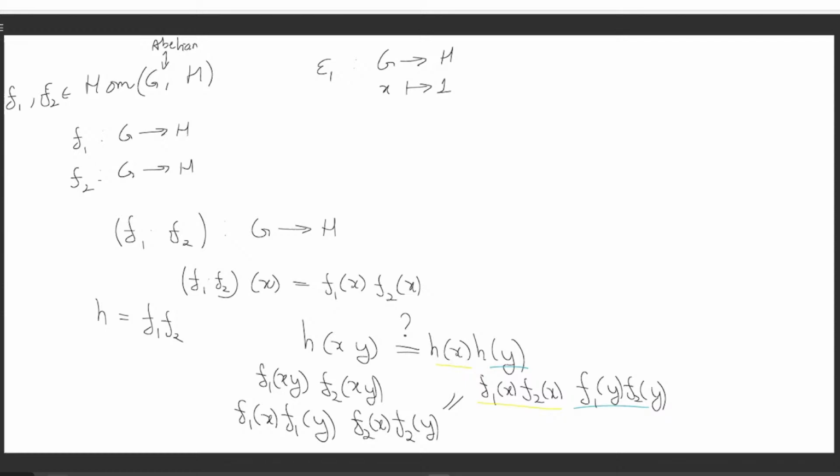Because I want that after applying f1 and that, I get f1 itself. That means this element should be the identity element of H. So this is going to be the identity of this group.